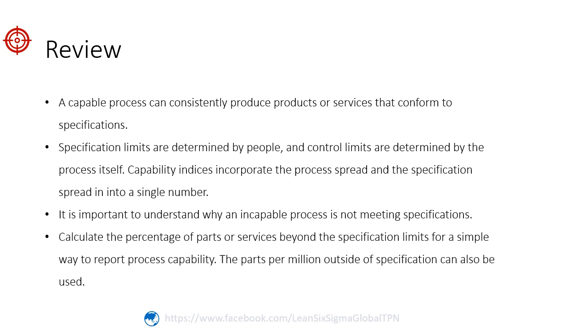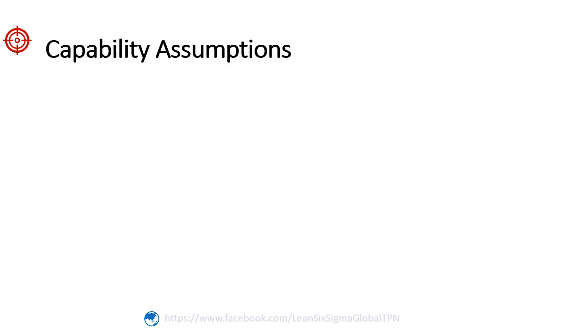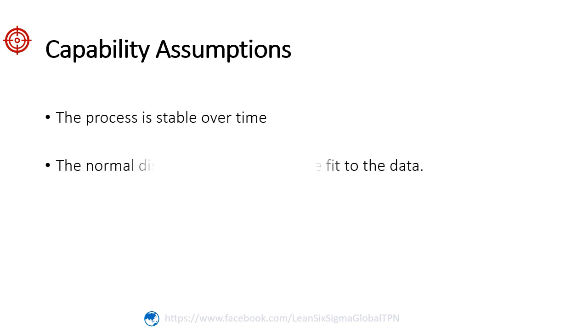Percentage out of spec and parts per million out of spec are two simple ways to assess capability. Before calculating capability indices, we must check two crucial assumptions about the process. The process is stable over time, and the normal distribution is an adequate fit to the process data.